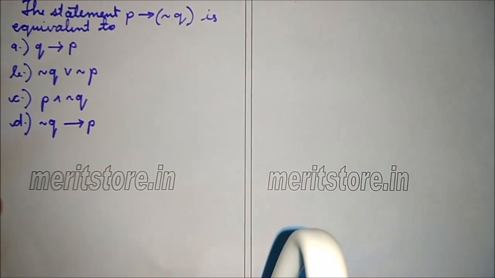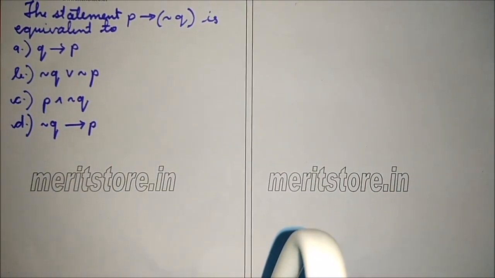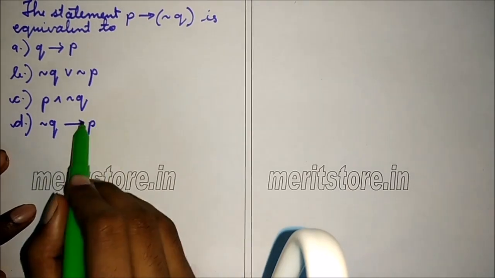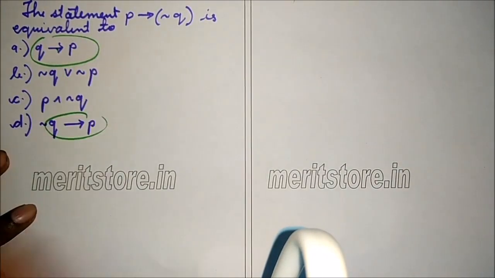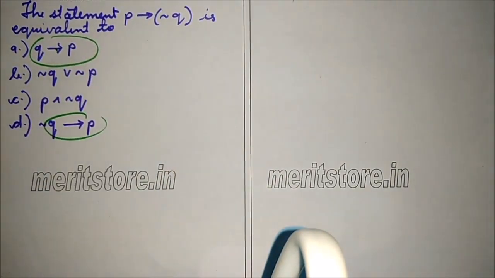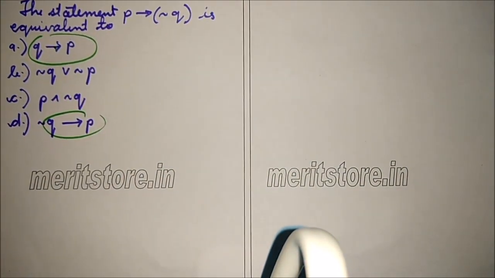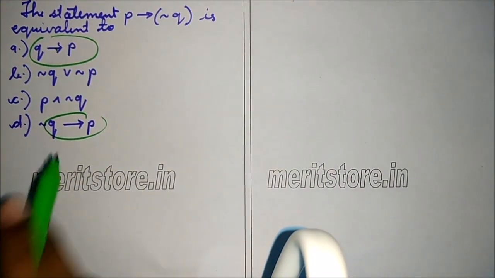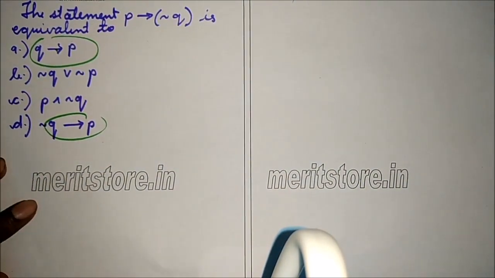The statement P implies negation Q is equivalent to, these are the options. In two of the options an implication statement is used, so we'll check for its contrapositive equivalent.